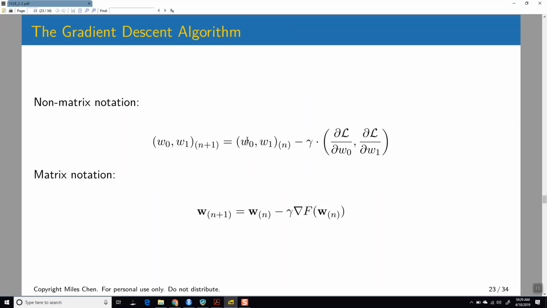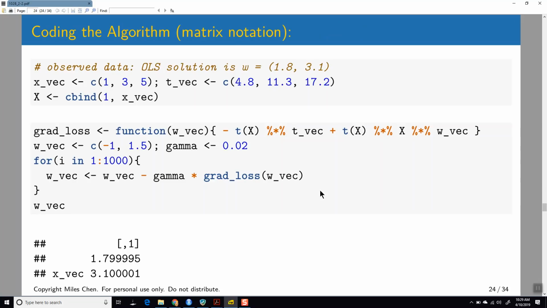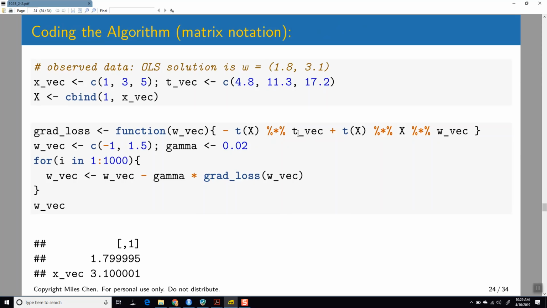And back here, we've said the gradient of the loss function. If I just get rid of this constant of -2 over n, it's going to be negative x transpose t plus x transpose xw. Okay, so this is just computing the gradient, or something at least proportional to it.